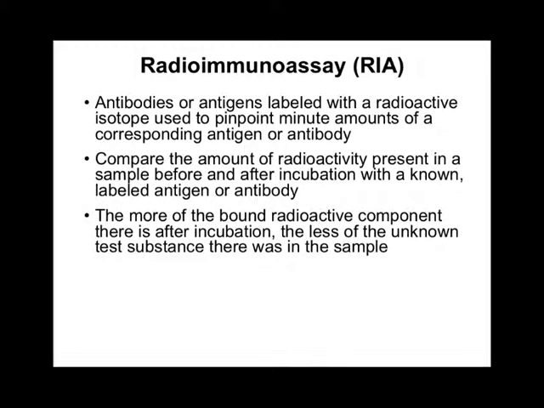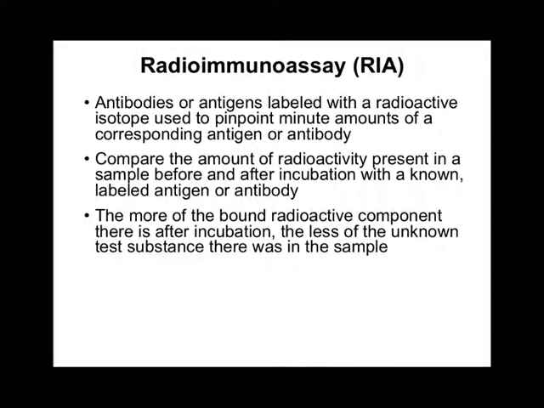Radioimmunoassay is a hard one to understand, but we're using radioactive isotopes to label antigens or antibodies. We use these isotopes to pinpoint minute amounts of corresponding antigen or antibody, so either part could be labeled. We can compare then the amount of radioactivity present in a sample before and after incubation with a known labeled antigen or antibody.